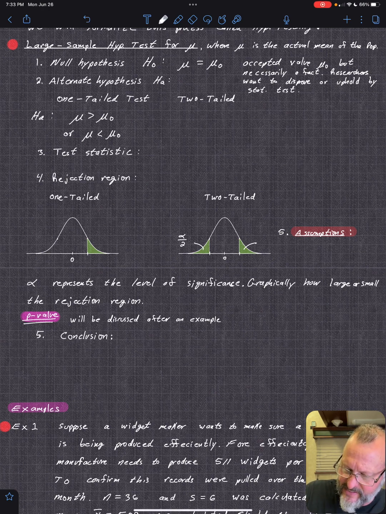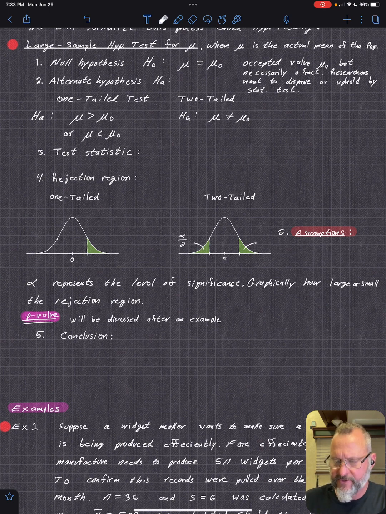That's for a one-tailed test. And your alternate hypothesis for a two-tailed test is mu does not equal mu naught. You have to figure that out based on the information given.